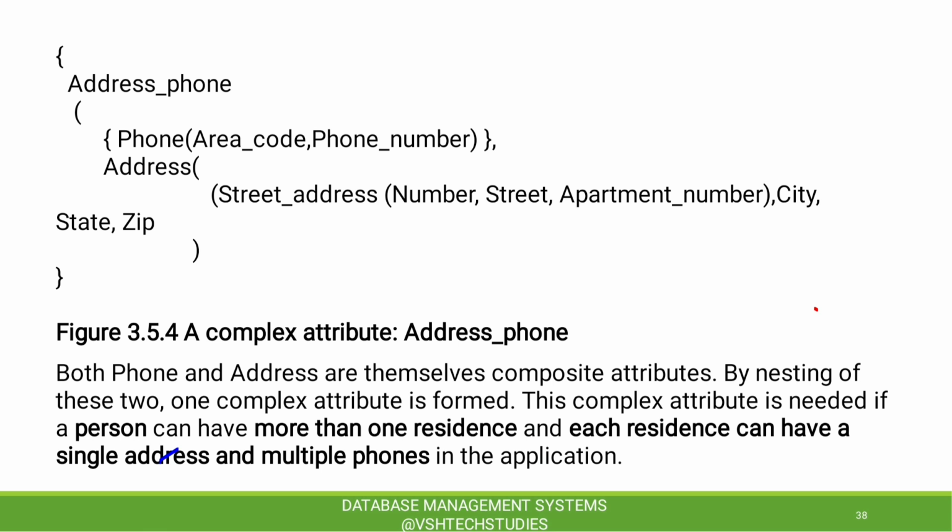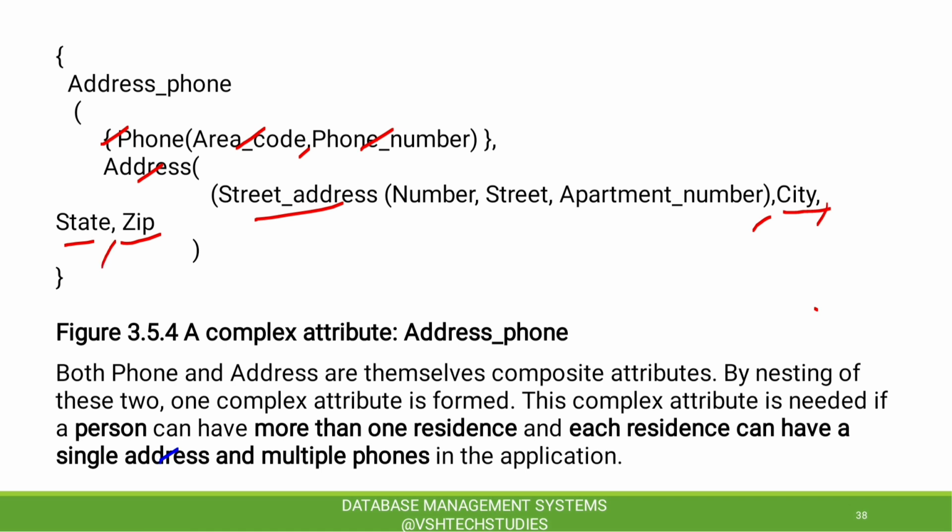The multivalued composite attribute phone is further divided into two simple attributes, area code and phone number, separated by a comma. The single valued composite attribute address is further divided into street address, city, state and zip attributes, which are separated by commas.